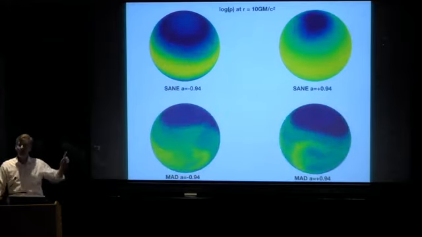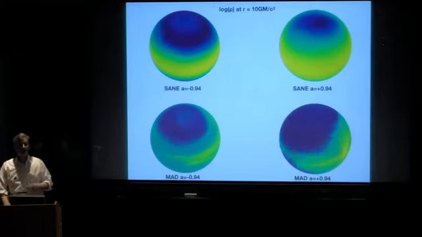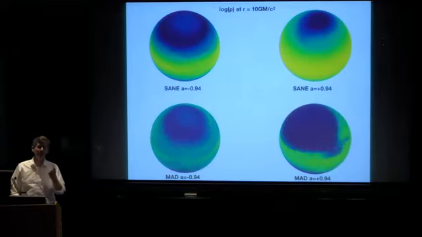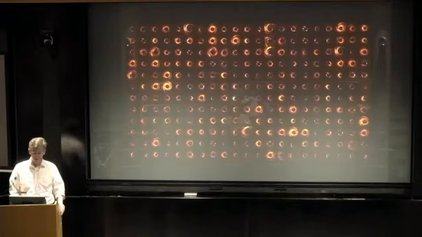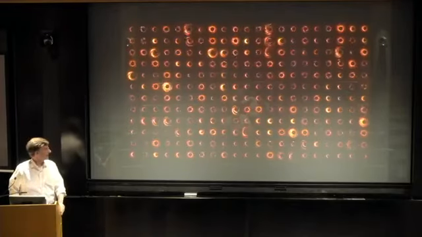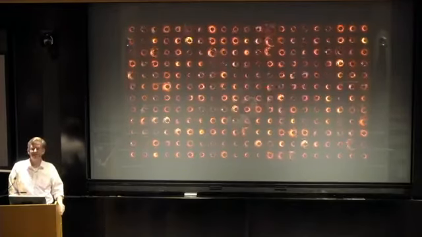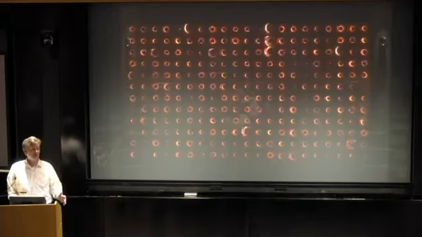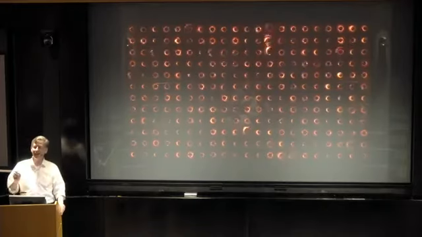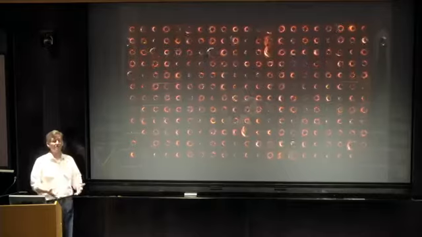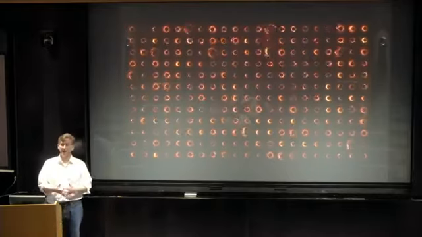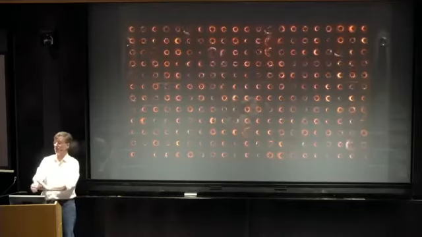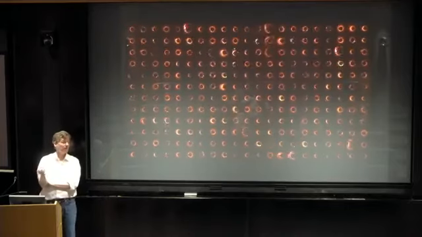Okay, so these are fluid flow models. And let's say you had a resolved image of a black hole accretion flow, then you would want to calculate what these things look like. And so I just have to show this. This is from the Event Horizon Telescope. We built a lot of models. And each of these models makes different assumptions about the state of the plasma in the accretion flow, in particular the electron distribution function.